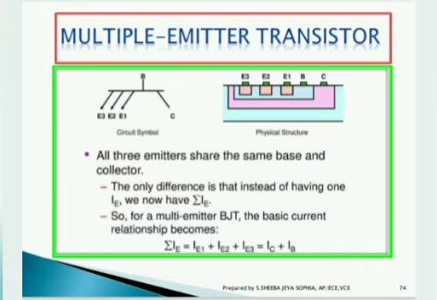Here also, whatever the emitter currents may be, for example IE1, IE2, IE3, however many emitter currents there are, the summation of all the emitter currents, that is IE1 plus IE2 plus IE3, is equal to your collector current plus base current, that is IC plus IB. This is about the 2 topics we have discussed now, that is the Gummel-Poon model and the multiple emitter transistor.